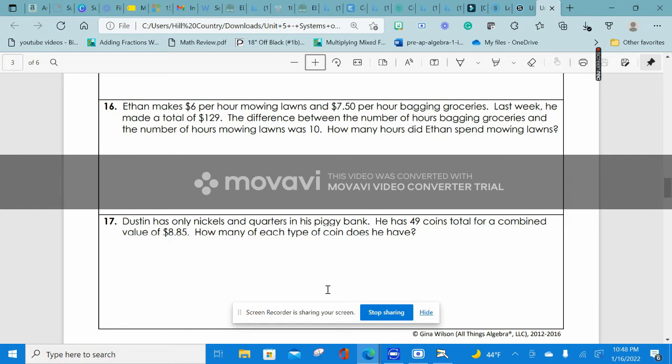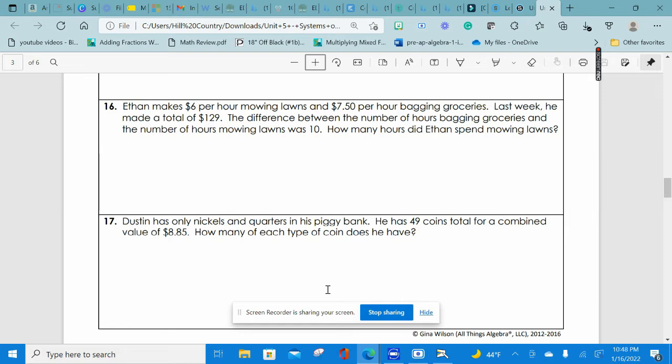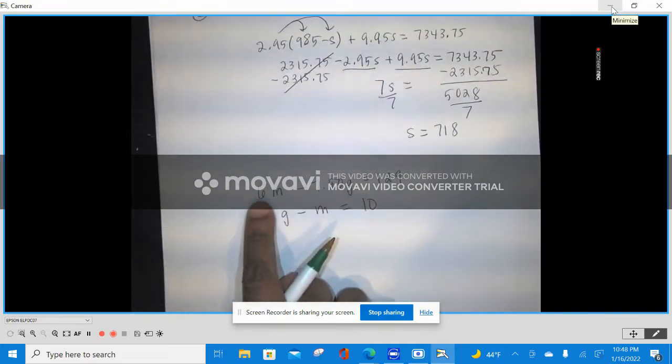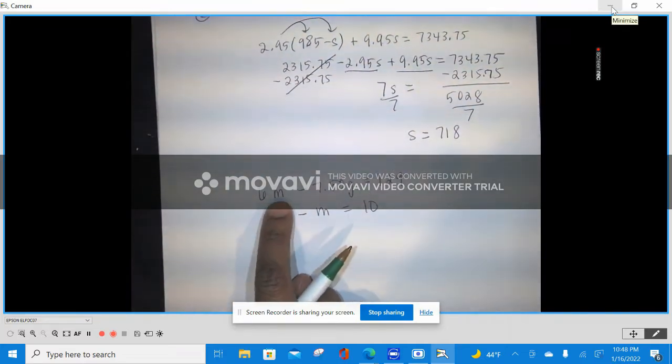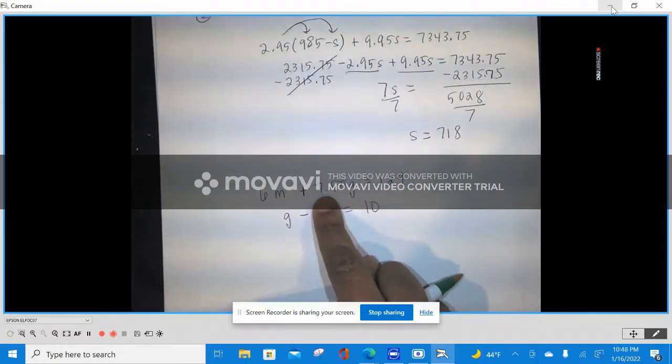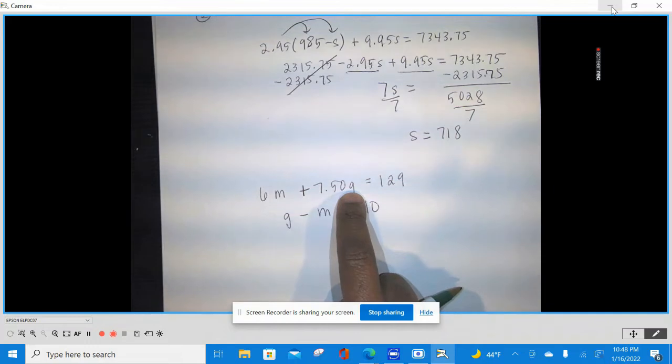Okay, and the difference between the number of hours doing groceries and mowing the lawn is 10. All right, let's see if I get this right. So I said he makes $6 every hour he's mowing grass. He makes, oops, I should add, he makes $7.50 per hour every time he's bagging groceries.